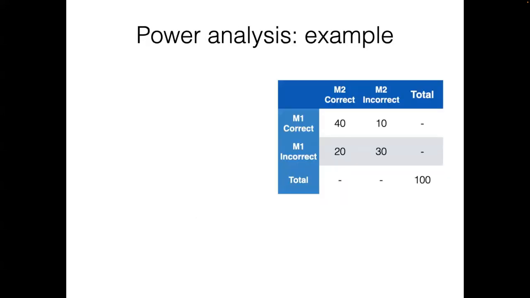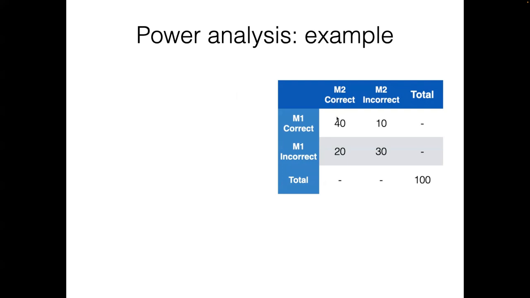So here's an example. The type of power analysis that you apply will depend on the type of results you have. Say you have two different models, model 1 and model 2.